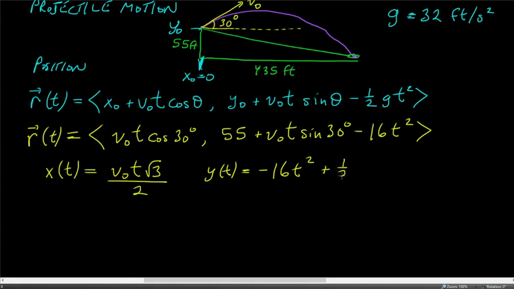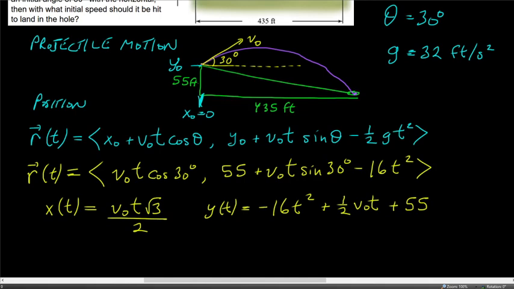Sine of 30 degrees is 1/2. And then plus 55. Okay. So this essentially will be the position of the ball at any point along its path after a time t.